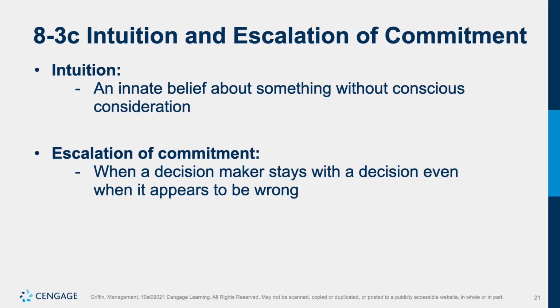Because such a decision maker or manager may feel that they may be accused of making wrong decisions, so they may want to stick with that wrong decision rather than have it corrected, right? Taking corrective actions would be doing away with such a decision or modifying it accordingly. But when those managers or decision makers stick to such wrong decisions for whatever reasons, that would be escalation of commitment.